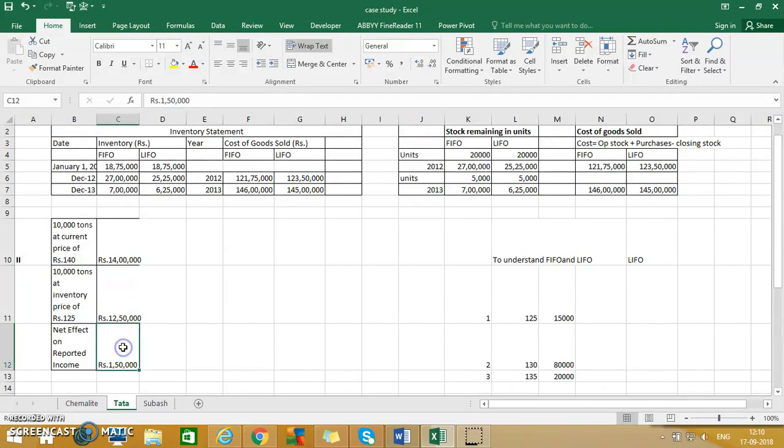It is 1 lakh 50,000. But what happens to the profit? Because the cost of the inventory was less than the current price, when you are matching the cost with the revenue, the benefit rolls out into the form of profit. So the profit was increased to the extent of 1 lakh 50,000.